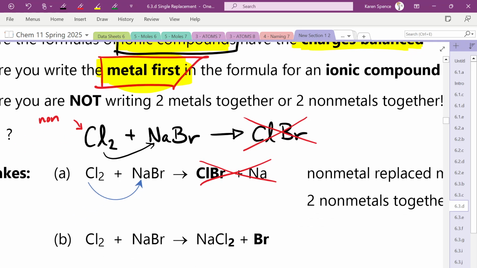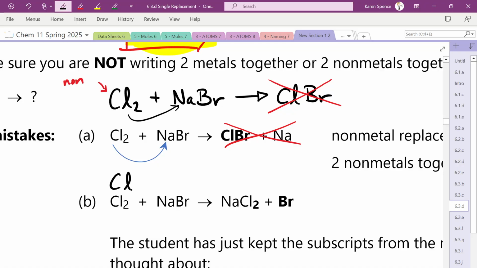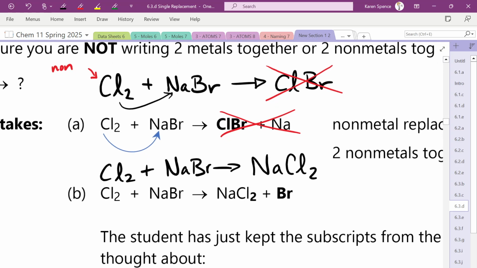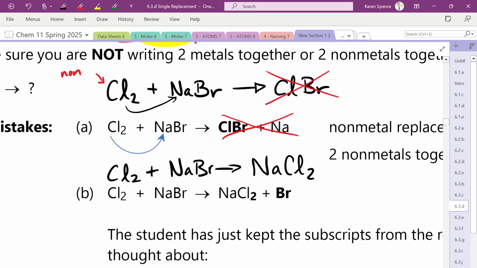There's another thing that's a bad thing. What if we took our Cl2 and we put it together with NaBr and we said, okay, I'm going to get sodium now together with chloride, NaCl2, and we put over here Br.